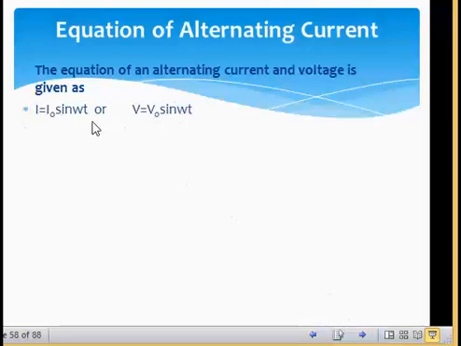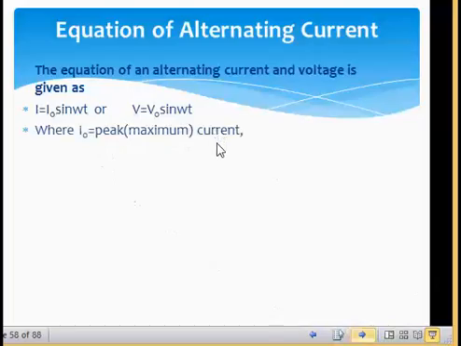This equation, I gave you when we treated the wave. The same equation of a progressive wave is what we use for alternating current. The amplitude in that equation of wave here is represented by I0. Let's look at the parameters, where I0 is the peak or the maximum current.